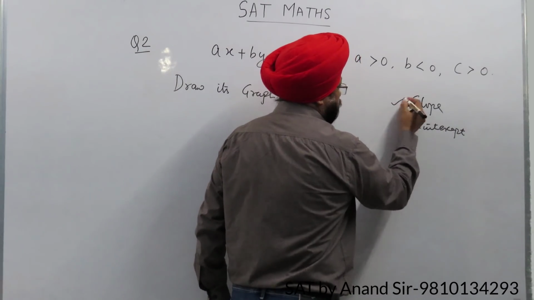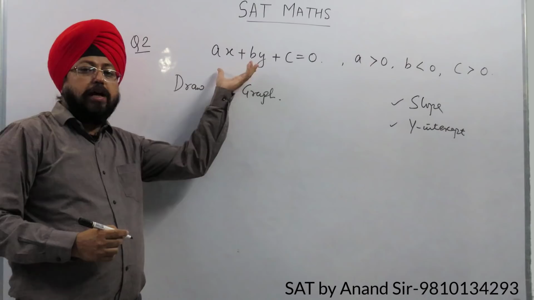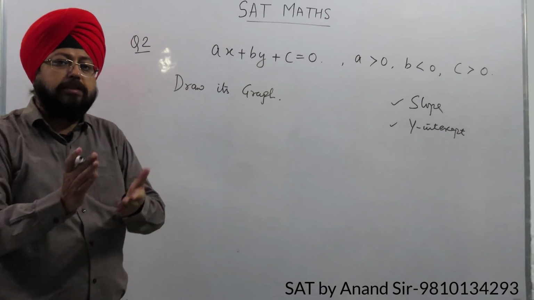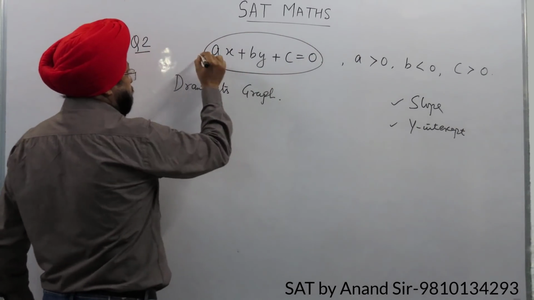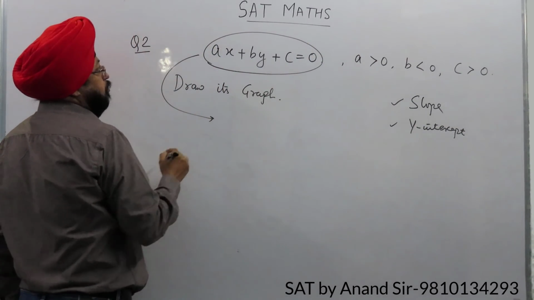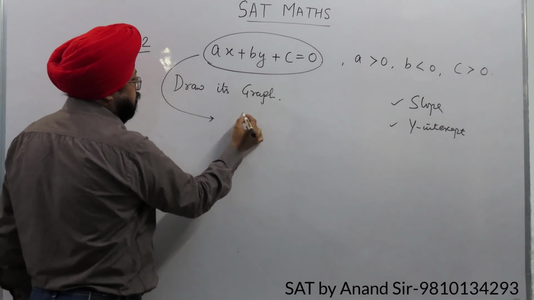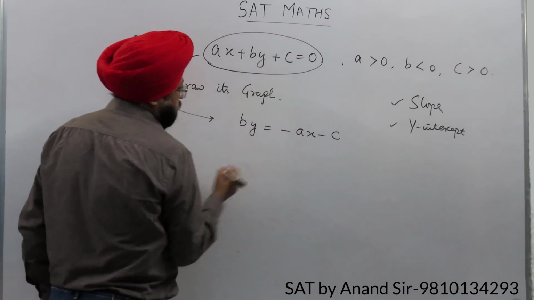Now to find the slope and the y-intercept, what we have to do? We have to represent the line in the form of y equals mx plus b or mx plus c. That is the slope-intercept form. See, I am just trying to represent this line in the form of y equals mx plus c. See here, ax plus by plus c equals 0. So by can be written as minus ax minus c.